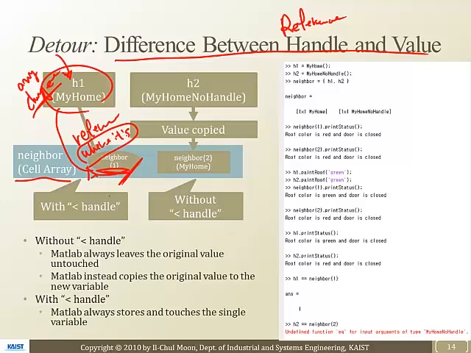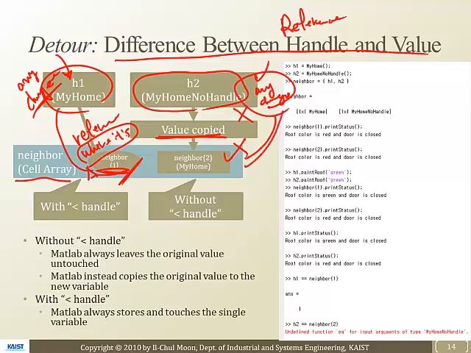What happens in the value case? This is the value class, and whenever it is assigned to a cell array or other place, the value is copied. So this thing and this thing are completely not linked. Any change here is not being reflected here. So that's the reference case, and this is the value case, right?